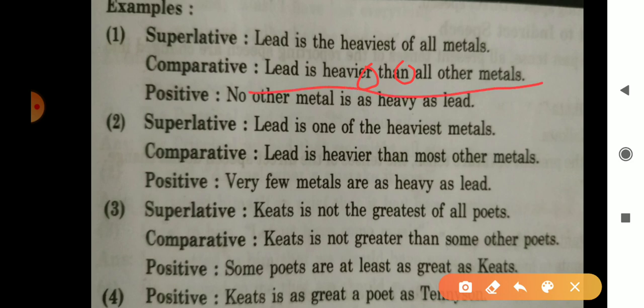Direct comparison between other metals and lead. Lead is heavier than all other metals. In this way you can convert your sentence from superlative to comparative or from comparative to positive, or vice versa, from positive to comparative, from comparative to superlative.